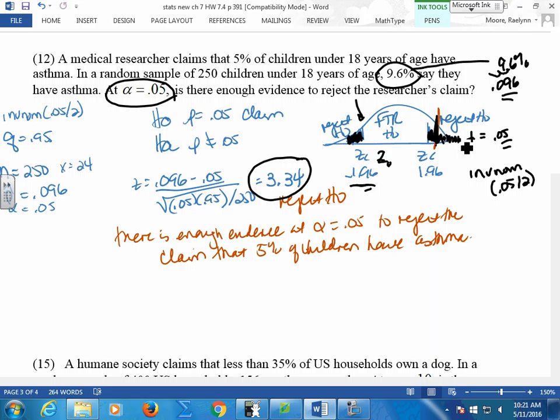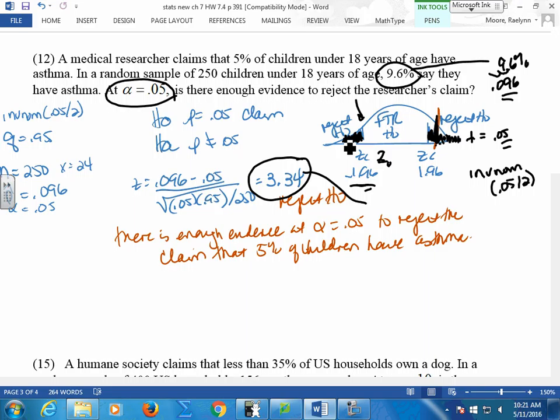So it's really close to 0, but the only thing you're going to have to do is, if you look it up on the positive side, you're going to subtract it from 1. If you look it up on the negative side, you're fine. But what do we have to do when we find the value? Because it's 2 tails. Multiply it by 2. We do half to find your inverse norm.